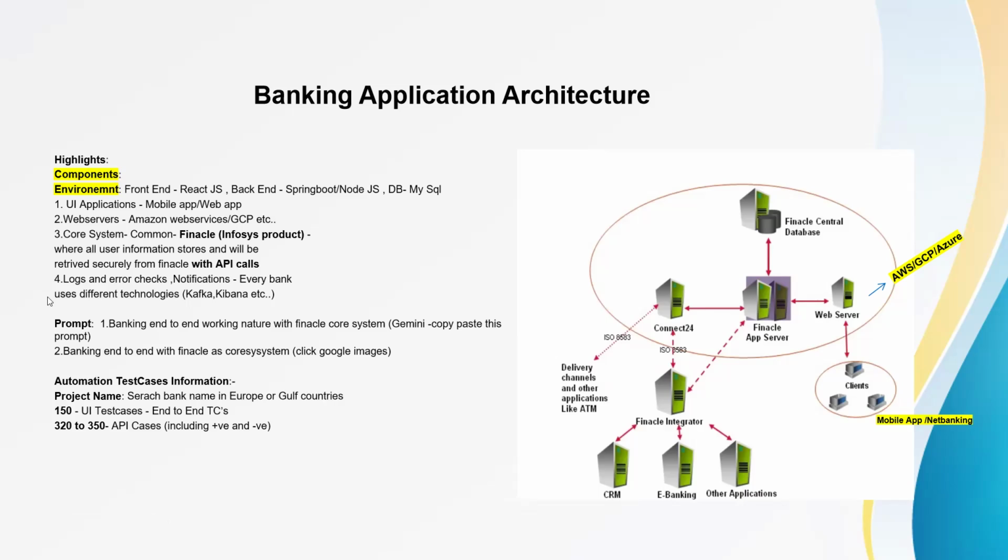Most banks use Finacle to fetch information like your account information, cards information and loan information. Let me tell you how it works in a basic end-to-end flow. In the diagram, there is a client's mobile app or net banking. Suppose I am using the mobile app and I want to fetch the loans information of a particular account. I logged in as one user and I have multiple loans and I want to check the data.